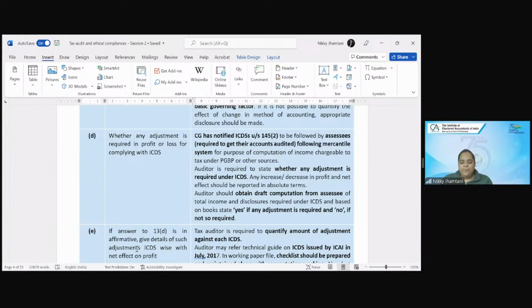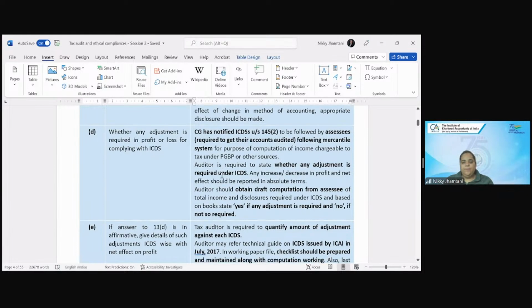ICDS इनकम कंप्यूटेशन एंड डिस्क्लोजर स्टैंडर्ड्स आप लोगों ने पढ़े होंगे, नोटिफाई हुए हैं 145(2) में, और वो लगते हैं असेसीज पे जो भी मर्केंटाइल सिस्टम ऑफ अकाउंटिंग फॉलो करते हैं उन पे लगते हैं. एंड सिर्फ बिजनेस इनकम और अदर सोर्सेज को ही कंप्यूट करने में यूज आते हैं.